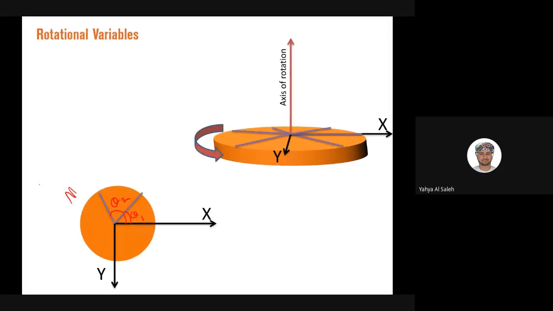In linear motion, when I want to move from one place to the next, I call it position x1, position x2. Here, I describe it from my initial position as θ1 and θ2 in angles.